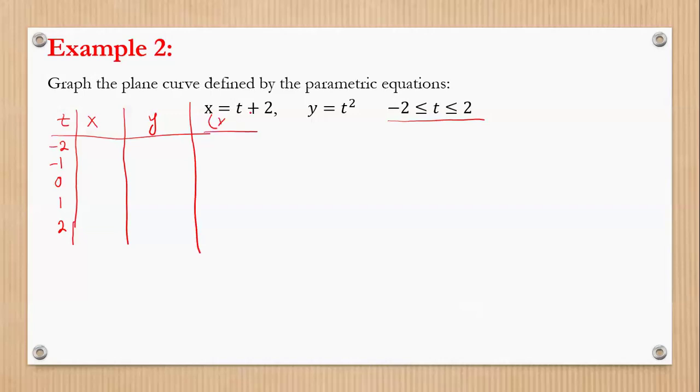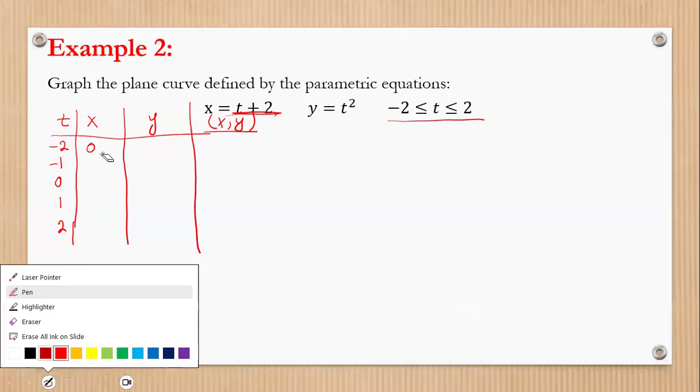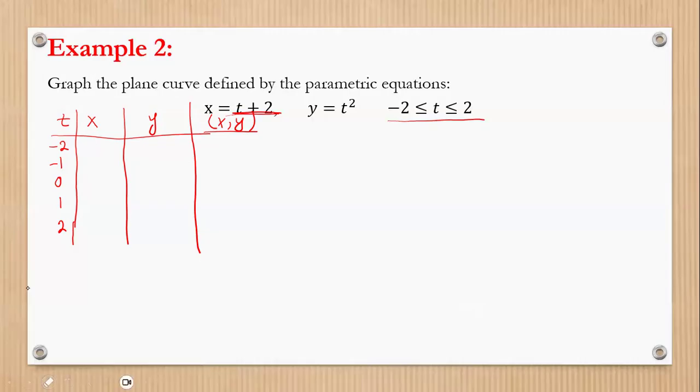If we replace -2 in this equation for x, we get -2 plus 2, which is 0. And if we replace -2 in the second equation, we get -2 squared. -2 plus 2 is 0. -2 squared is just 4.